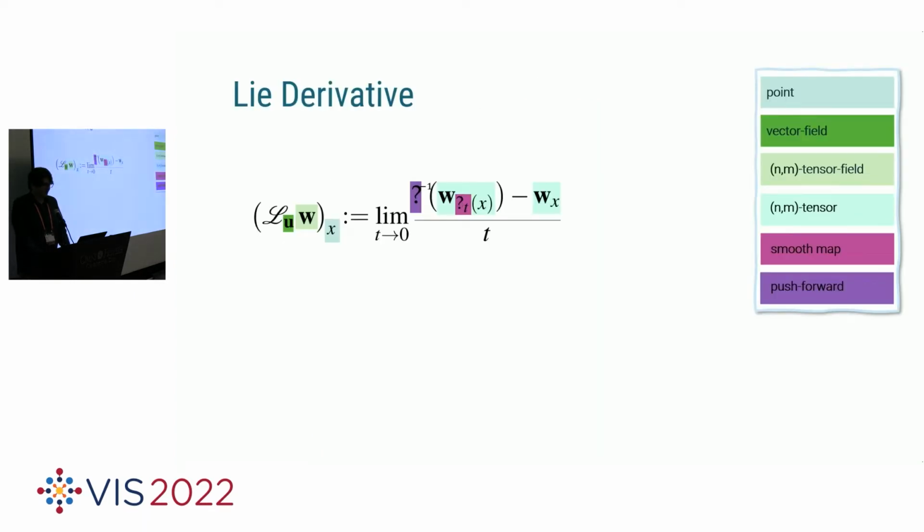All right, so we can now replace our question marks here, because we know what they are now. We have to construct a diffeomorphism that depends on t, and then we can use the inverse of the push forward to evaluate that. So the only missing piece of the puzzle is how do we construct this smooth map? And this is where the definition of the Lie derivative comes in.